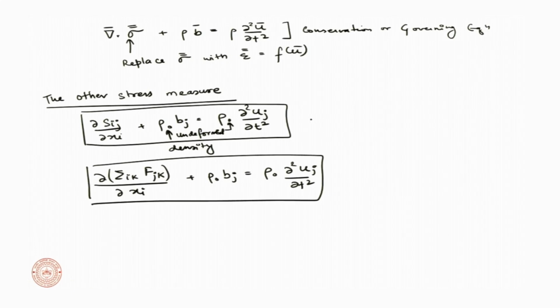So this is with respect to our nominal stress, PK1 stress, and this is with respect to our material stress or PK2 stress. All right. So we can express our governing equation in terms of any of these stress measures.